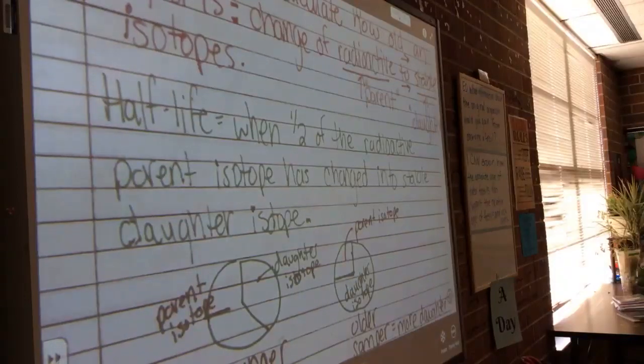The half-life of potassium-argon isotopes is, what did it say? 1.26 billion years. So it takes a lot longer for that isotope to lose half of its radioactivity. And the way I drew it out was on pie charts.